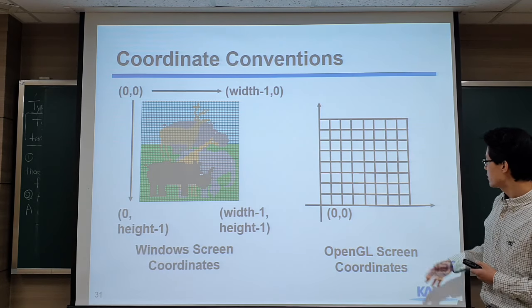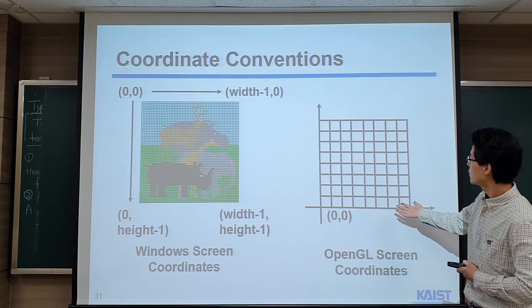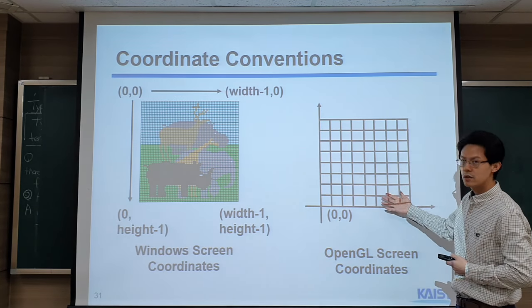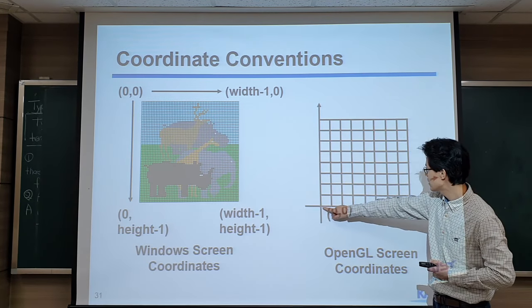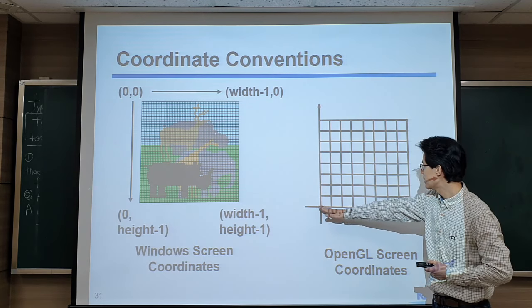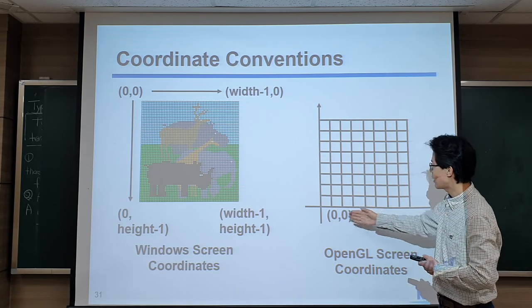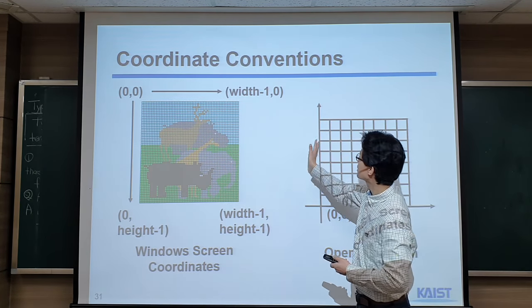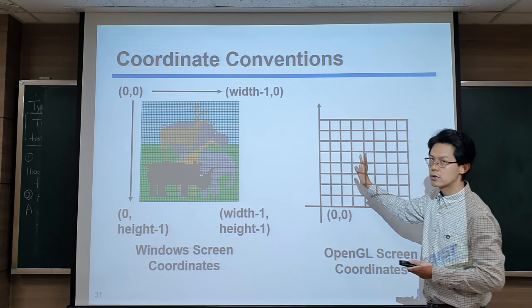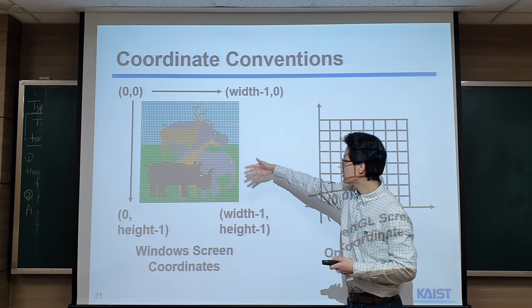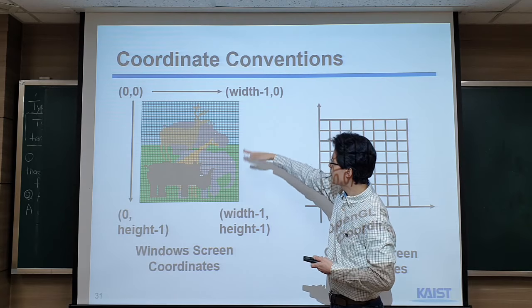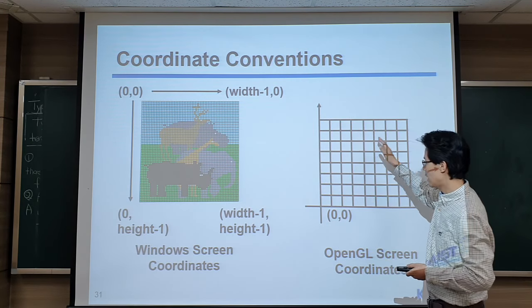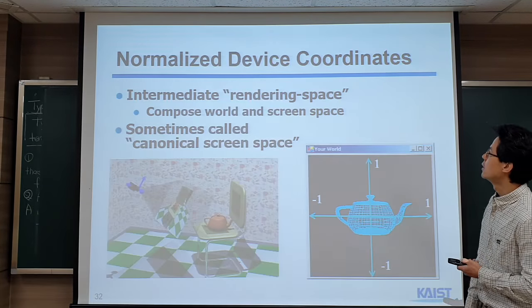But in the OpenGL screen coordinate, typically the origin is here, and then we increase the x coordinate and the y coordinate. So you can see that there are different coordinate conventions. You need to be aware of this one. This is more like the pixel level convention. This is more like the mathematical convention.